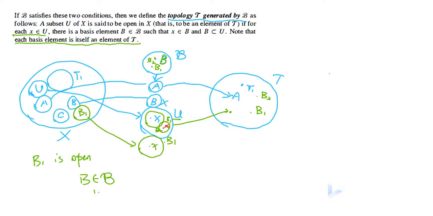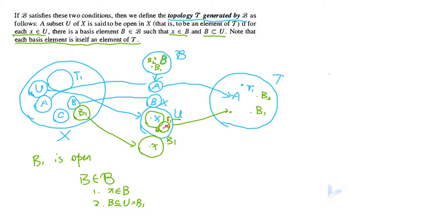One, the B contains the point X, and two, the B is contained in the U, where here the U is B1. So those are the two requirements for this basis element B.